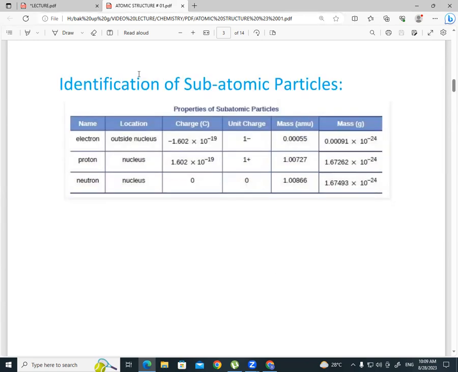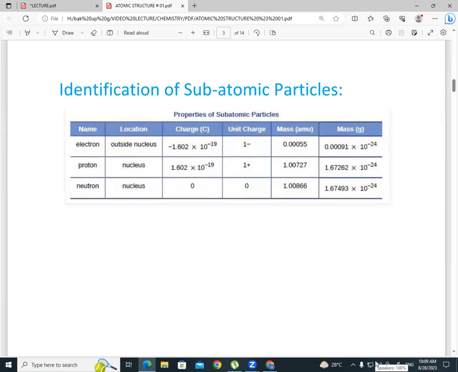How can we explain this? See this. Let's suppose aluminum mass is 27.